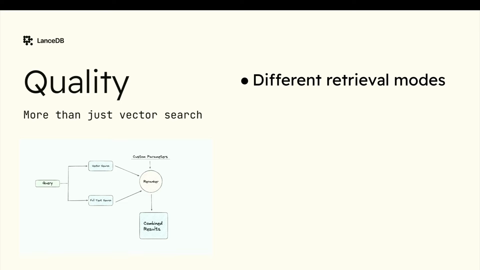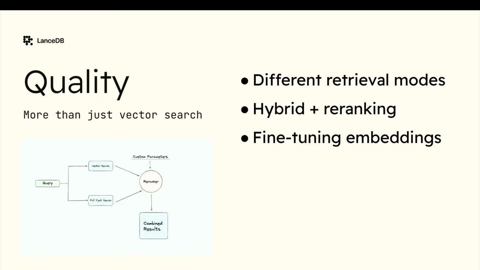Different retrieval modes really help. When you have hybrid search, then you have a re-ranking process, and you can plug in different re-rankers. And then fine-tuning the embeddings once you have user feedback. And sometimes, even when you don't have user feedback, a synthetic data set can be equally as useful to bootstrap your fine-tuning process.